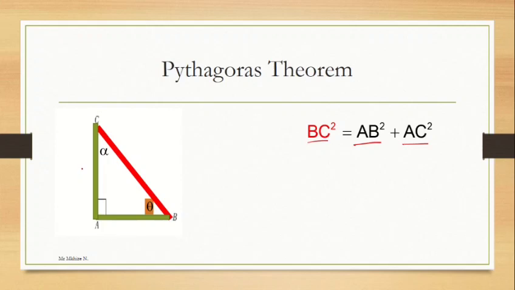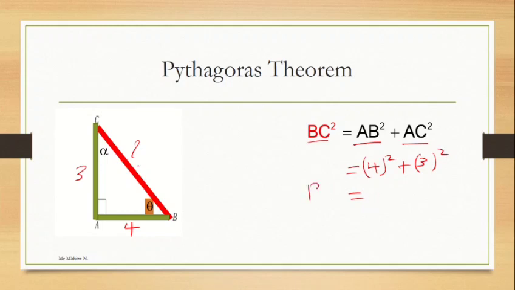So for an example, if you are told that this side is 3 and this is 4, and then you were asked to find side BC, what you will do is substitute AB, which we said is 4, plus AC will be 3. So we're just working with what I just gave you, even though it looks like AB is much shorter than AC.